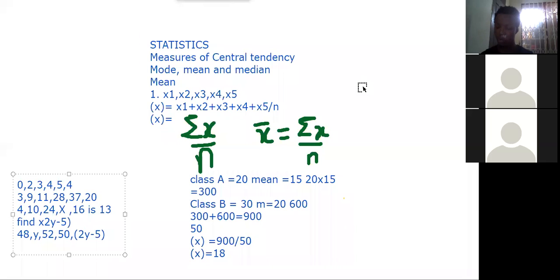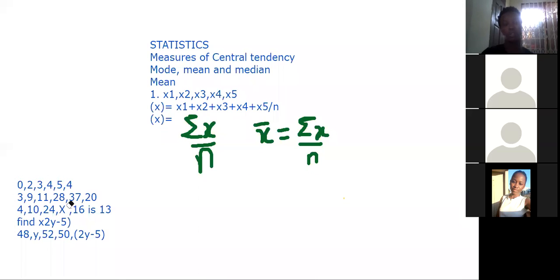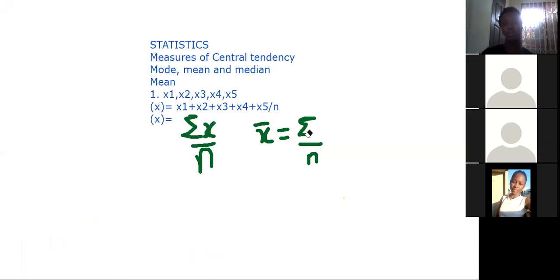I have 55. So I presume we are all able to do it. Glory be to God. So you are still going to use the same formula to do it. We are still doing mean.